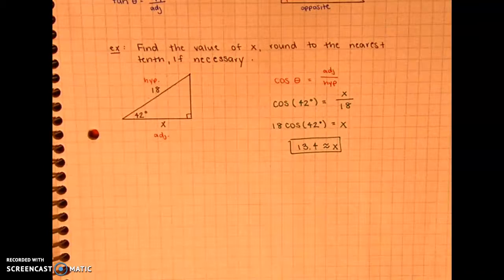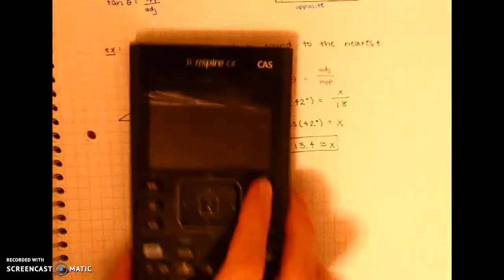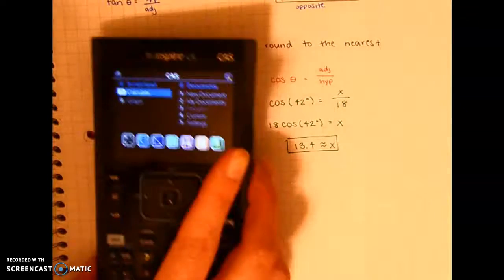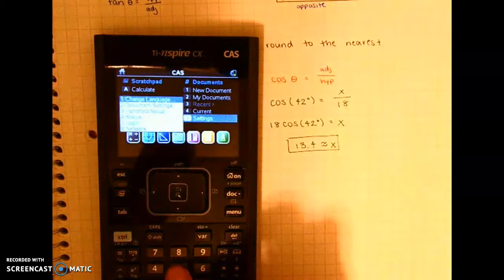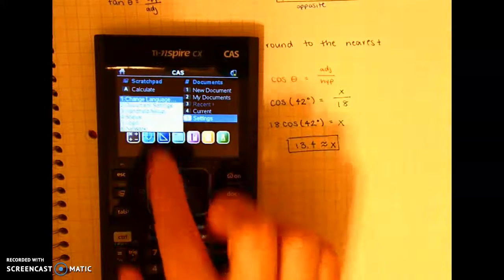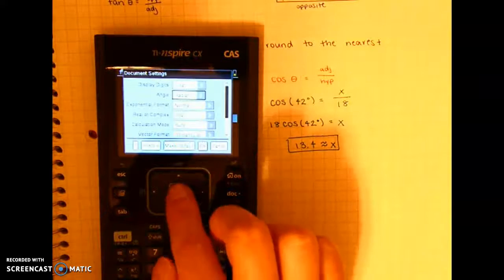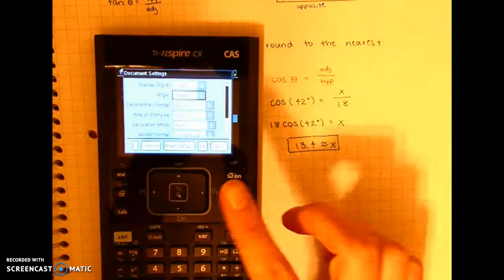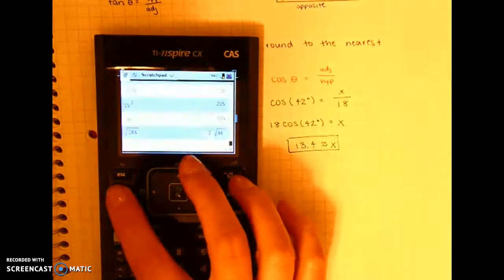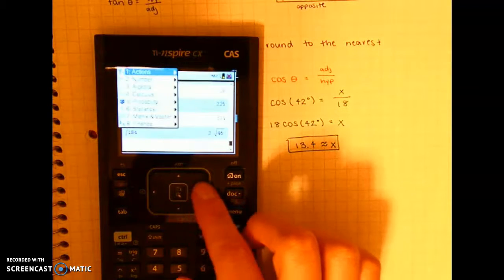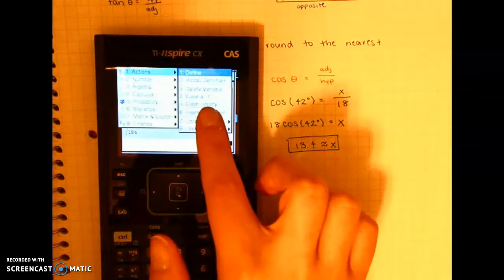If you have an Inspire, you're going to want to go to settings and document settings and change your angle. So go down to radian, change it to degree. And then you can also do it in Scratchpad.